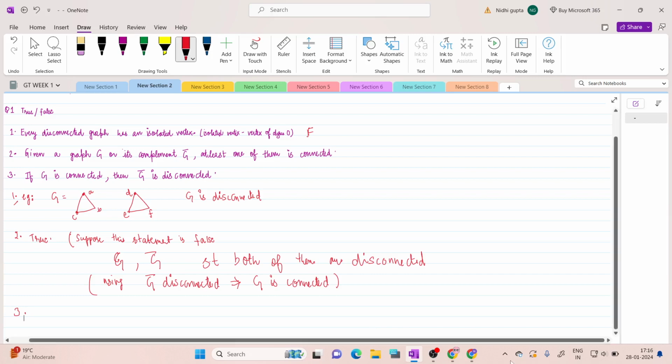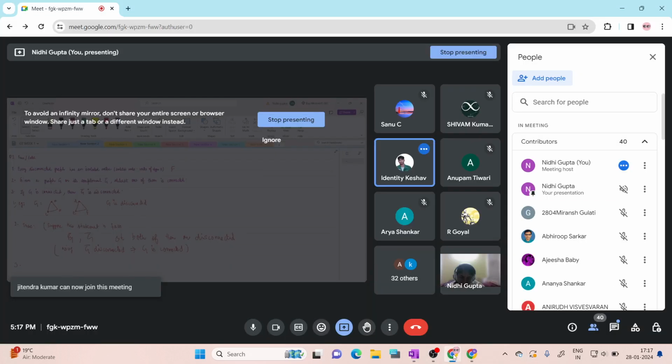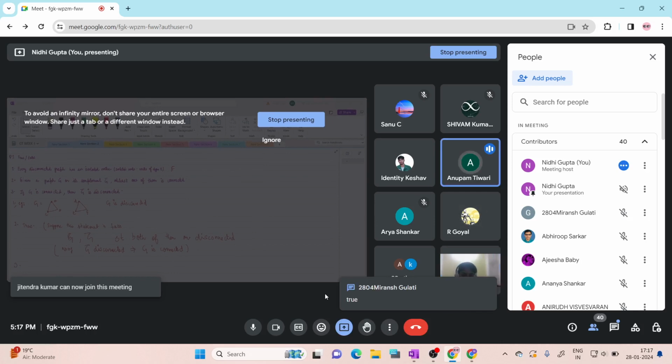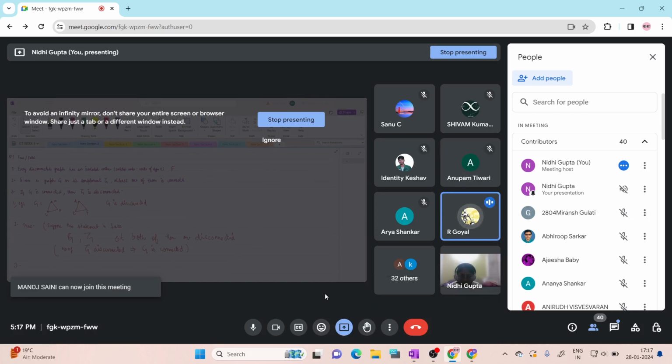False. Does anybody think it is true? It is true, ma'am, because if we can traverse from a vertex to any other vertex in the graph G, and when we take its complement, then clearly that edge is going to be removed in the complement, so connectivity will get lost.